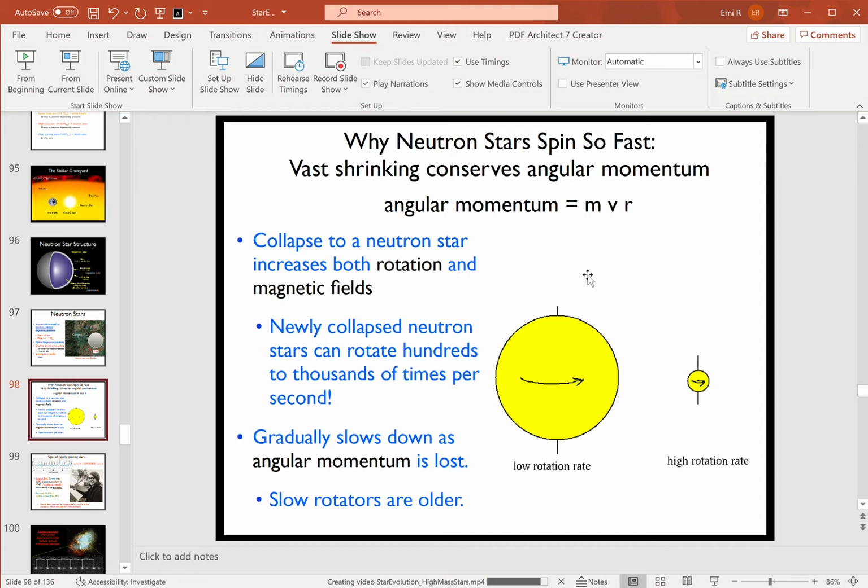Its radius was getting smaller, but the mass was the same. So to conserve the angular momentum, to keep it the same, we needed the velocity to increase.